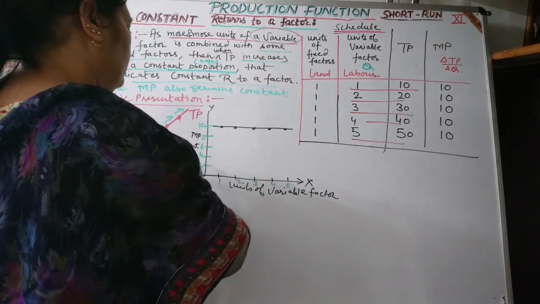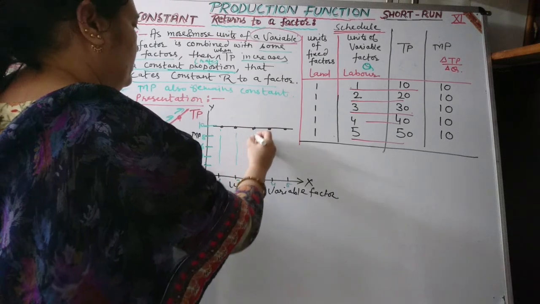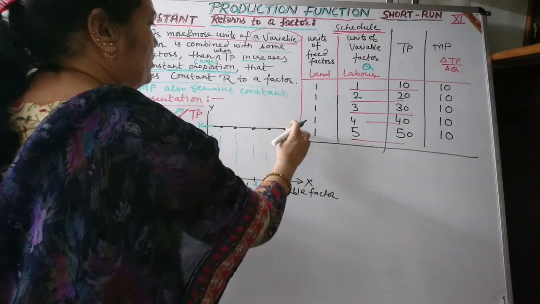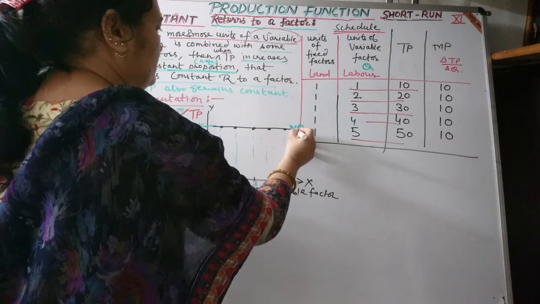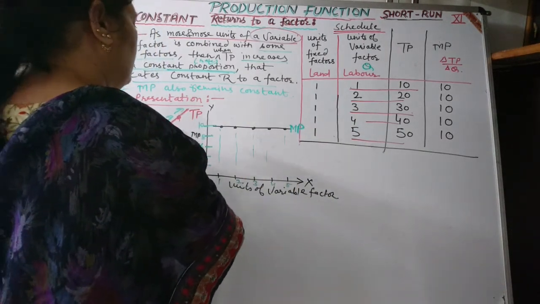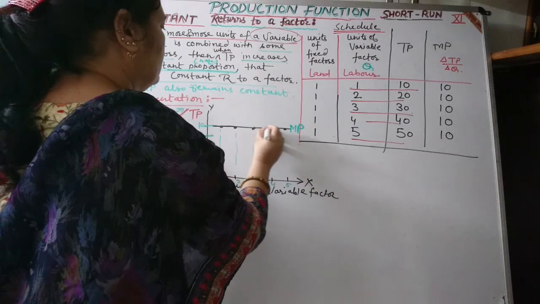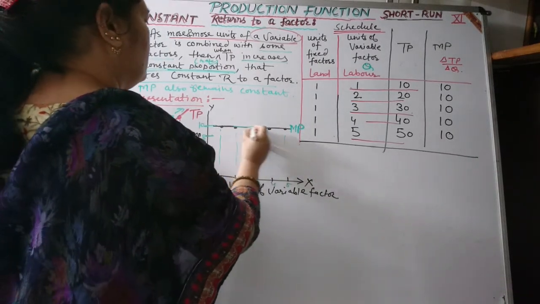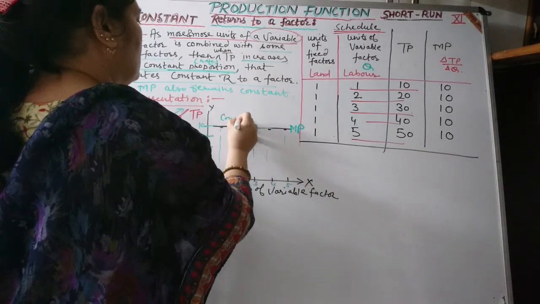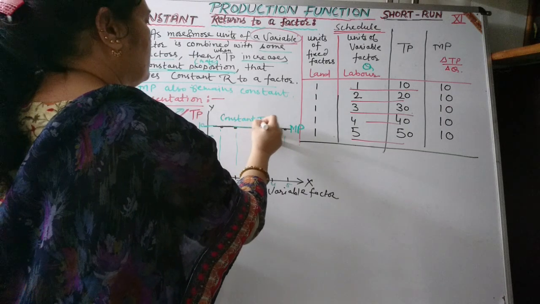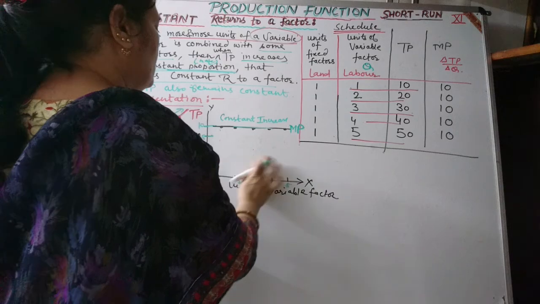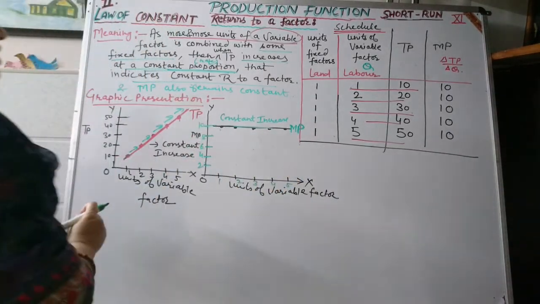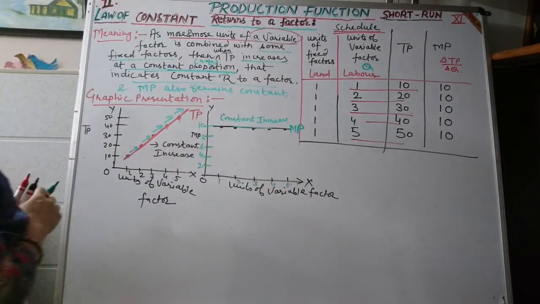So at every unit of output, marginal production is constant, it is 10. So this is the MP, marginal production curve, which represents a constant increase. So we have prepared two curves, the total production curve and the marginal production curve.